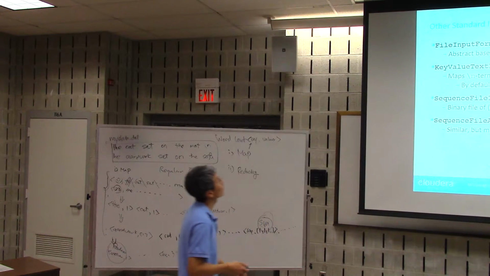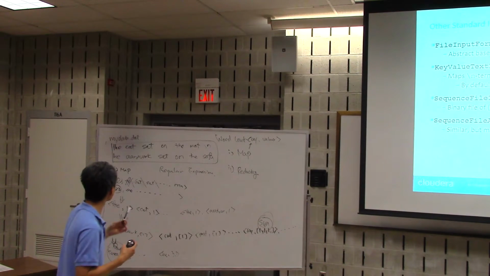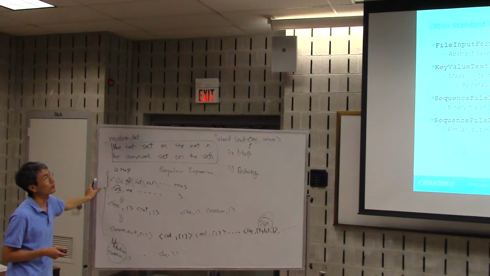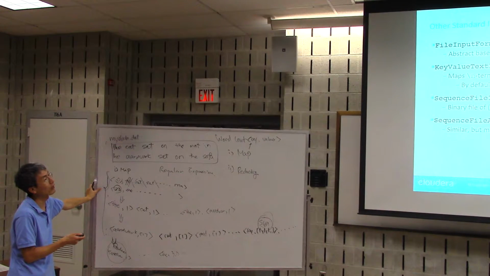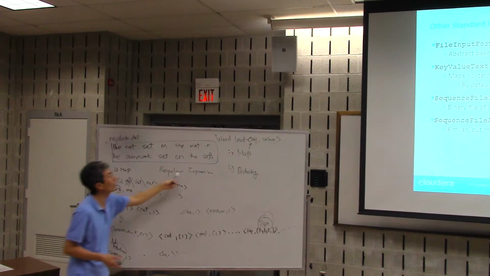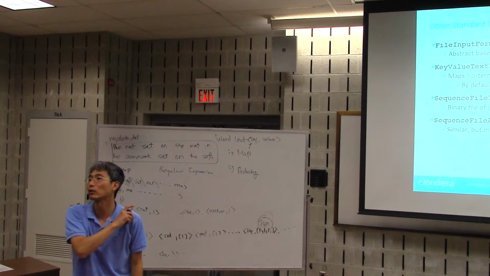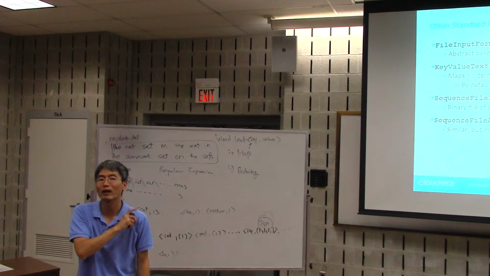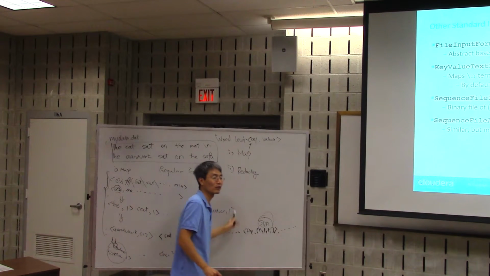There are other input formats if you want to customize the input file. Key value text input format lets you specify another separator instead of the new line character. If you have, like, a semicolon, then you can use this one. So your file is not formatted by the new line, instead it has the semicolon.